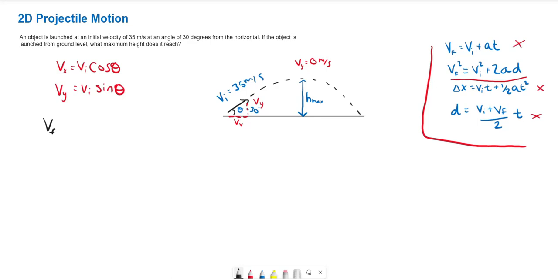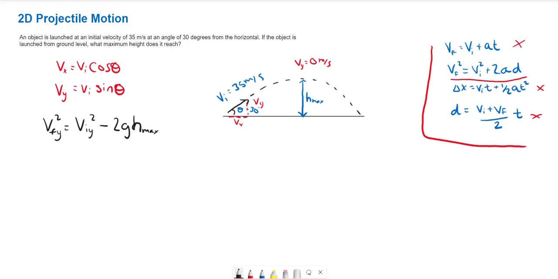So we have v final squared, and this is in the vertical direction. So we're looking at our y components here. So v final y squared equals v initial y squared, and then it's going to be minus 2 times g. So it's minus because g is negative. The acceleration due to gravity pulls downward. And then we have our d, which in our case is just going to be the h max.